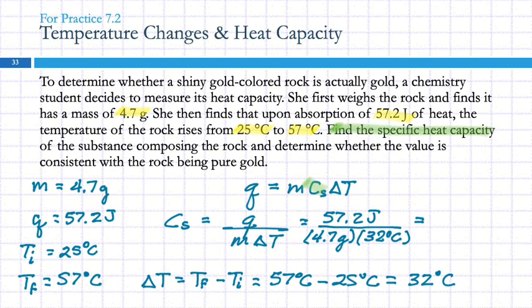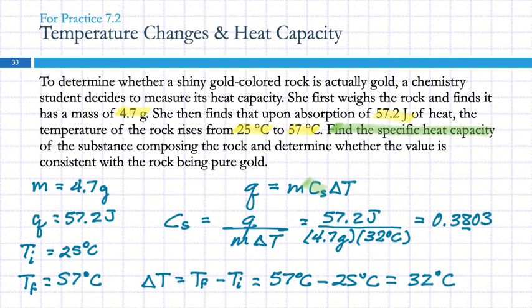So 57.2, what most people do is they'll divide and open the parentheses, 4.7 times 32, close the parentheses, equals 0.3803. So the mass only had 2 sig figs and the temperature only had 2.